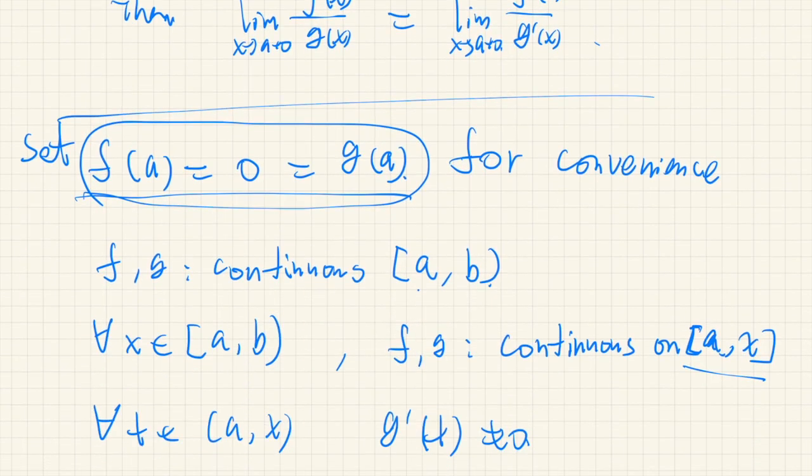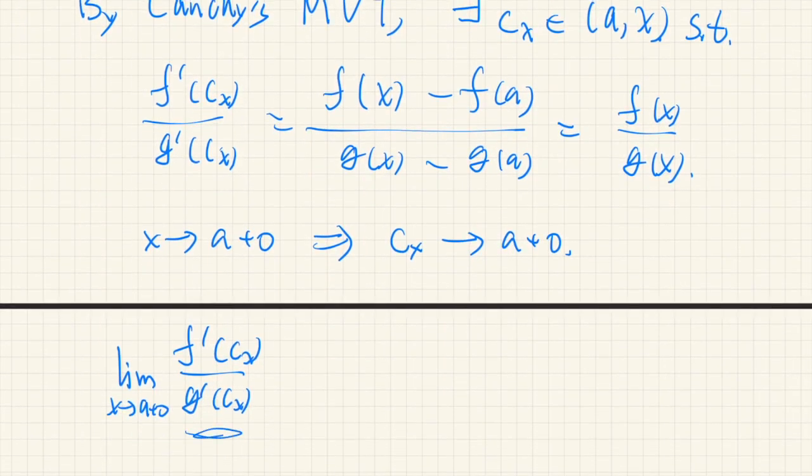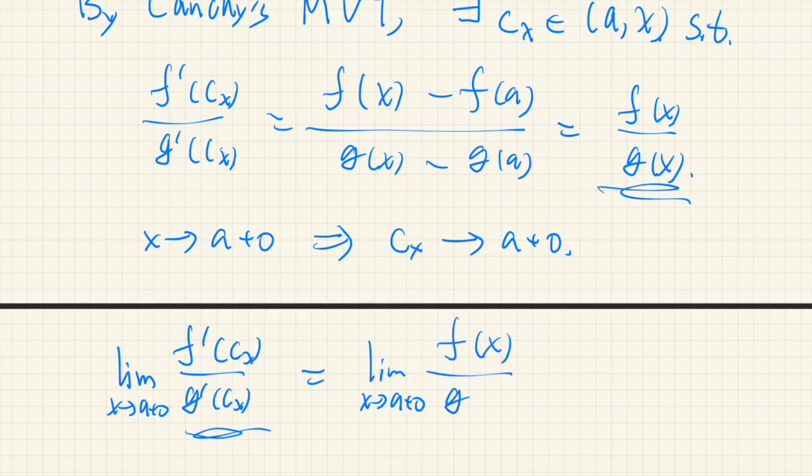Okay, so this is fine. But this is equal to the limit as x goes to a from the right of f of x over g of x. And this exists, so therefore this exists, and we are done.